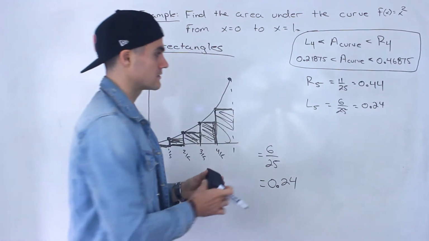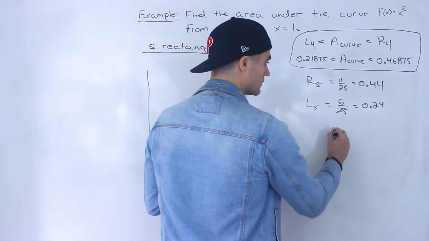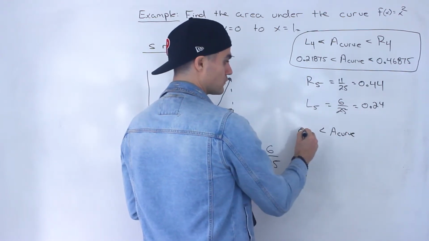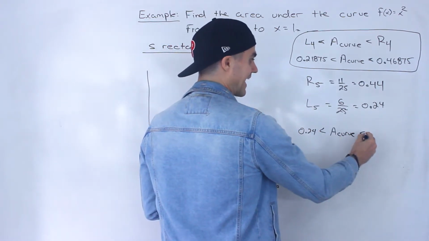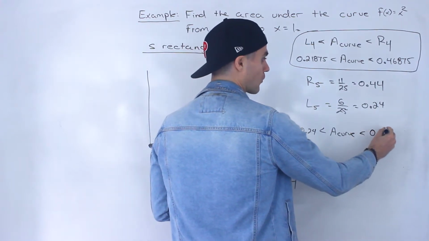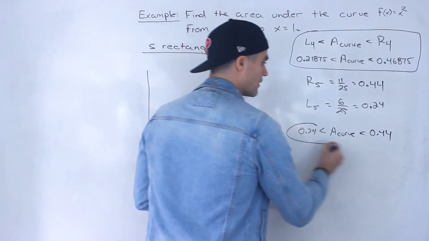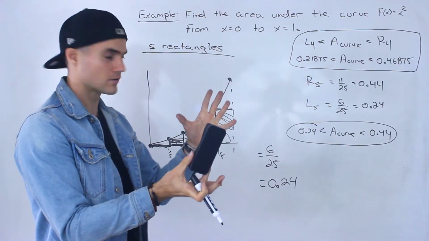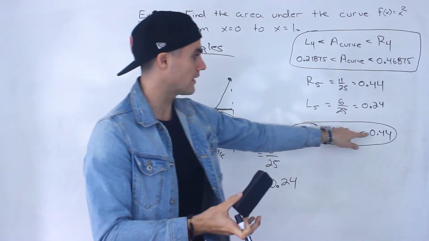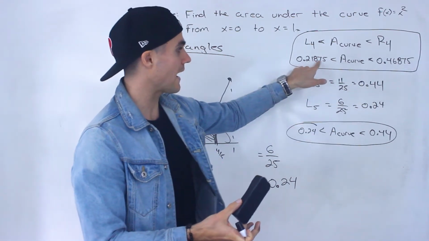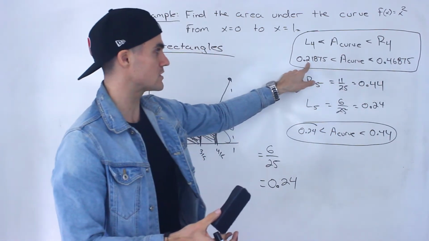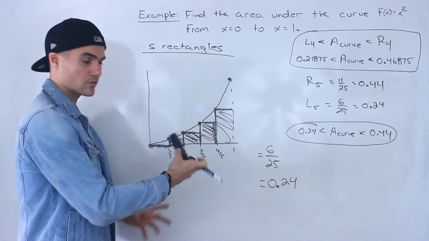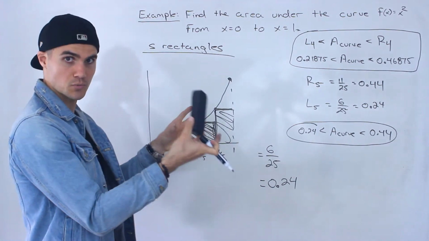So with this, we know the actual area under the curve is going to be greater than 0.24 and it's going to be less than 0.44. And notice how this interval compares to this interval. It's a tighter interval, right? Between 0.24 and 0.44, that 0.44 is less than this number, 0.24 is greater than that number. So because we use more rectangles, we're getting a better approximation. We're getting a tighter interval.